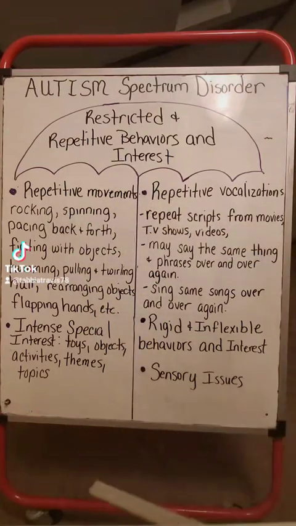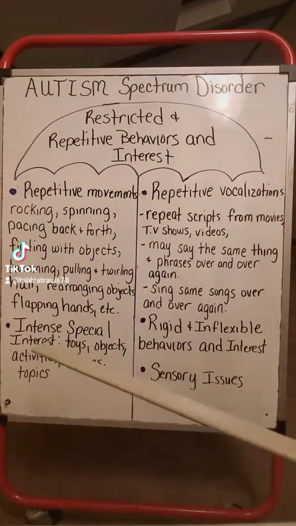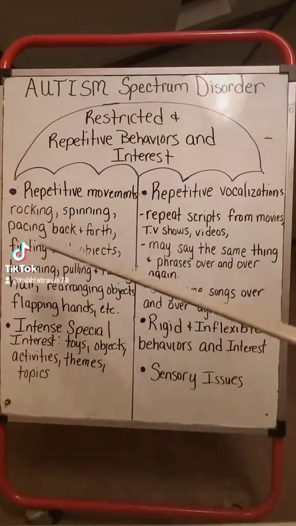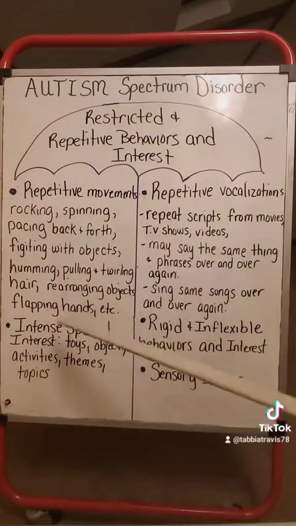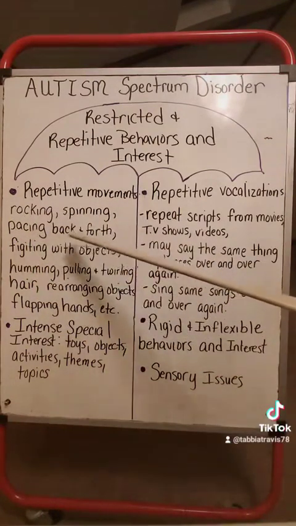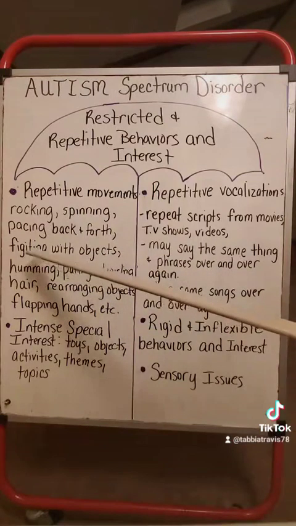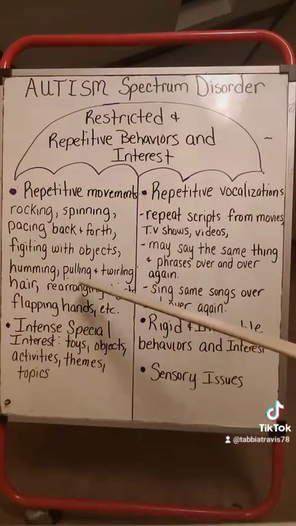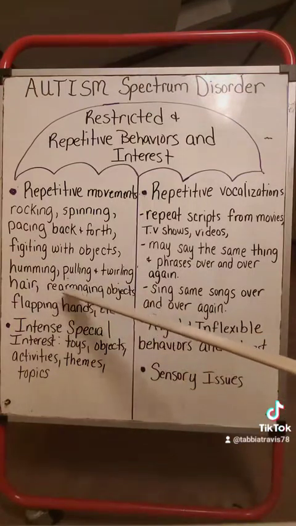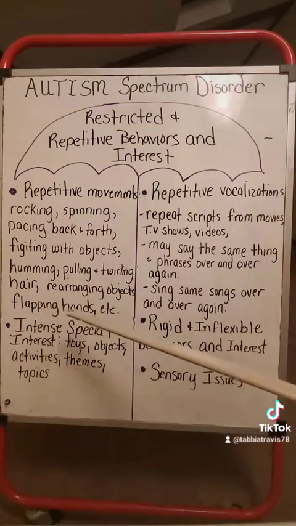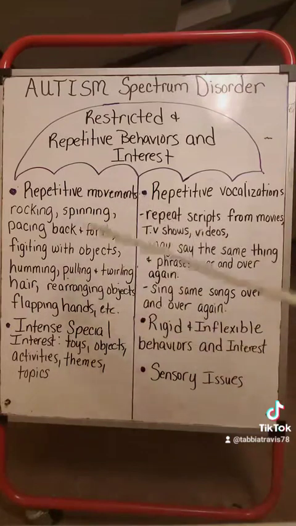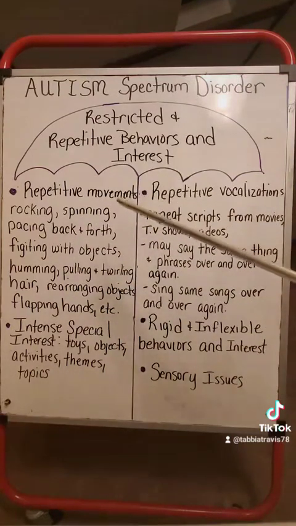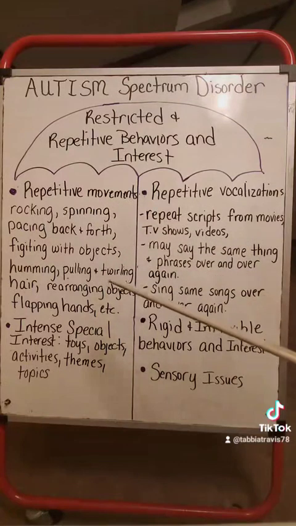Some of the repetitive movements that people on the spectrum may exhibit: rocking, spinning, pacing back and forth, fidgeting with objects, humming, pulling and twirling hair, rearranging objects, flapping hands. All of these are examples of repetitive movements that people may exhibit on the spectrum.